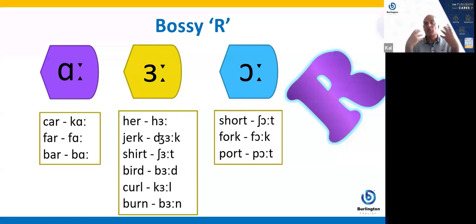But in reality, in English, we don't actually say the R. It's a silent R because we use these long vowel sounds to actually pronounce the middle vowel in these particular words.